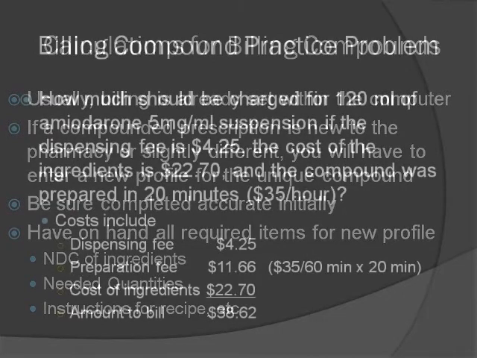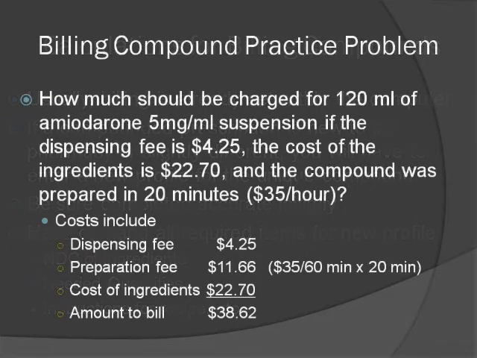Let's take a look at a practice problem for billing a compound. In this example, we're asked, how much would be charged for 120 mils of amiodarone, and that is an antiarrhythmic, amiodarone 5 milligram per ml suspension, if our dispensing fee is $4.25, the cost of ingredients is $22.70, and the compound was prepared in 20 minutes.